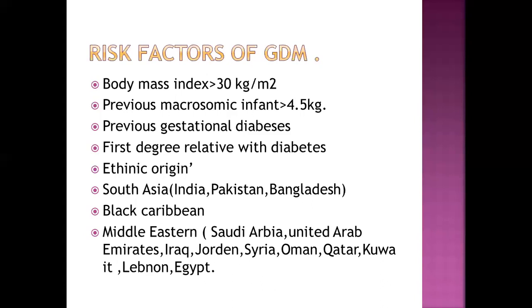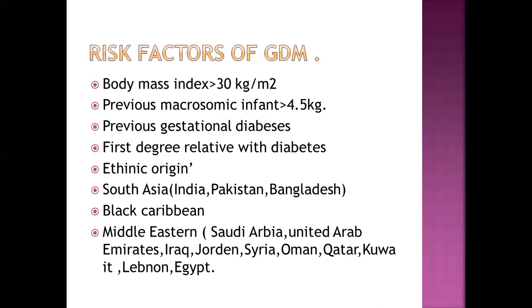Similarly, if there is a history of previous macrosomia, meaning the baby's weight was more than 4.5 kg, then again she has an increased risk. It could be a 30 to 50% chance that she again has macrosomia and can have GDM. The patient may also have a previous history of diabetes.